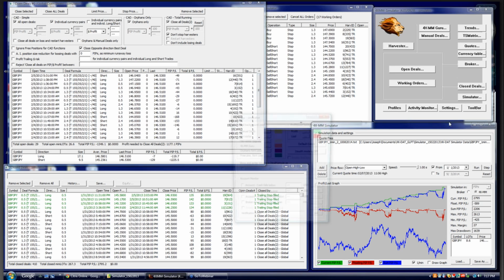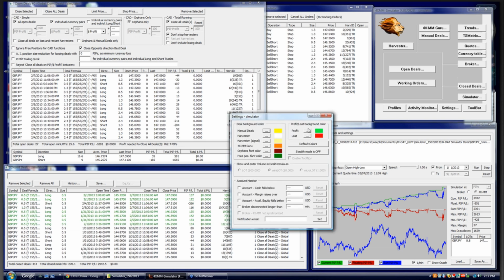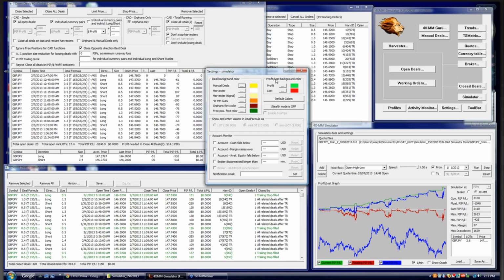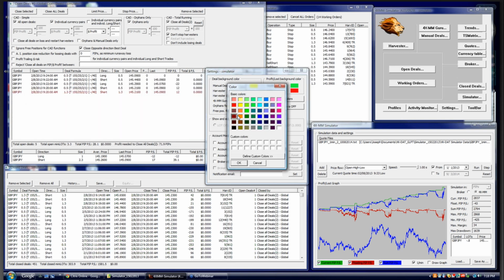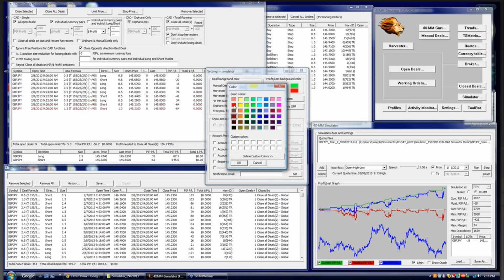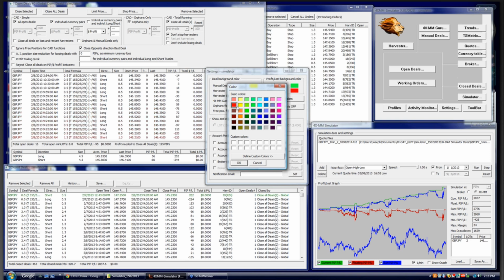You set the color of those orphans, right? See in the settings window right now, the orphans color is set at burgundy, maroon, something like that. I can go set it at bright red. That's what I meant. Sorry.